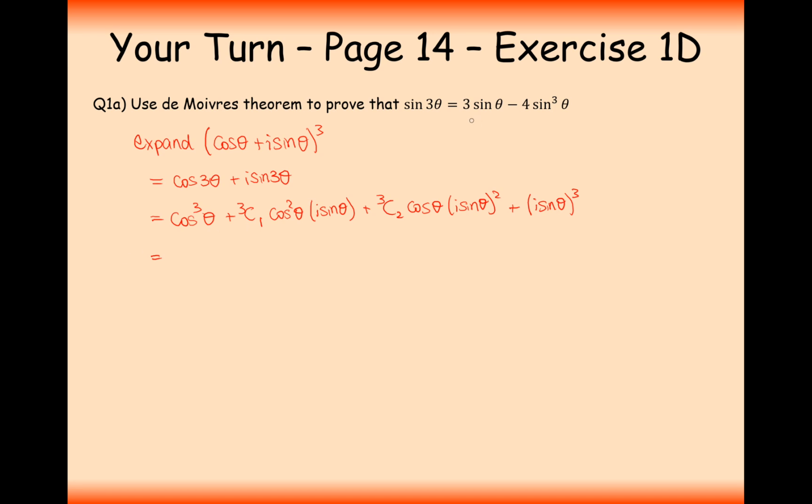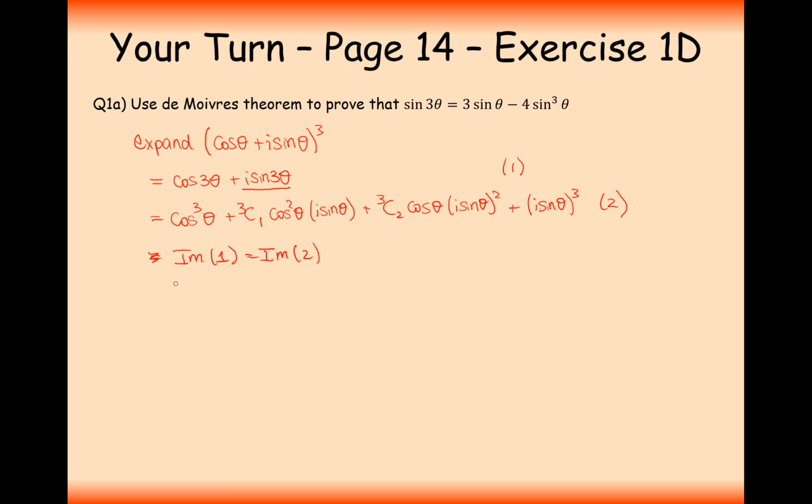Now because we want sin 3 theta, and that's sin 3 theta there, and it's got an i in front of it, we're going to set equation 1 and equation 2 equal to each other, but just the imaginary parts. So the imaginary part of 1 equals the imaginary part of equation 2.